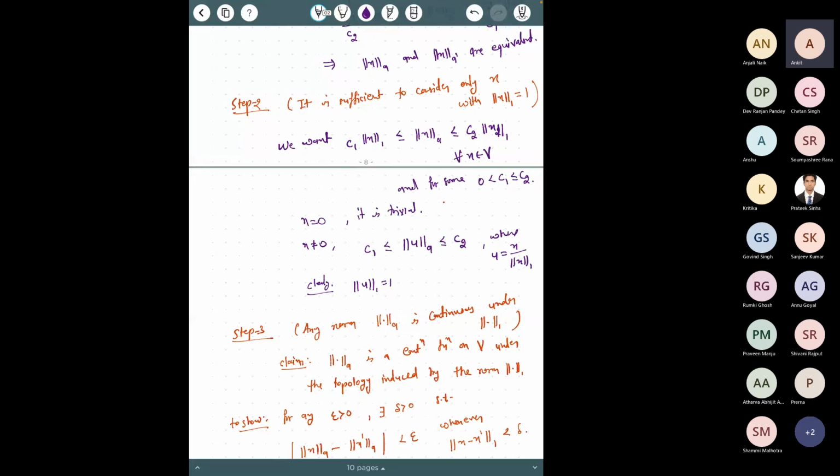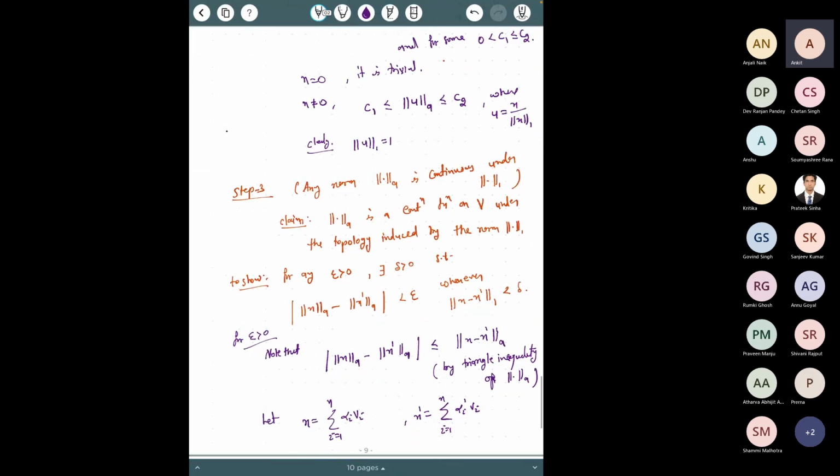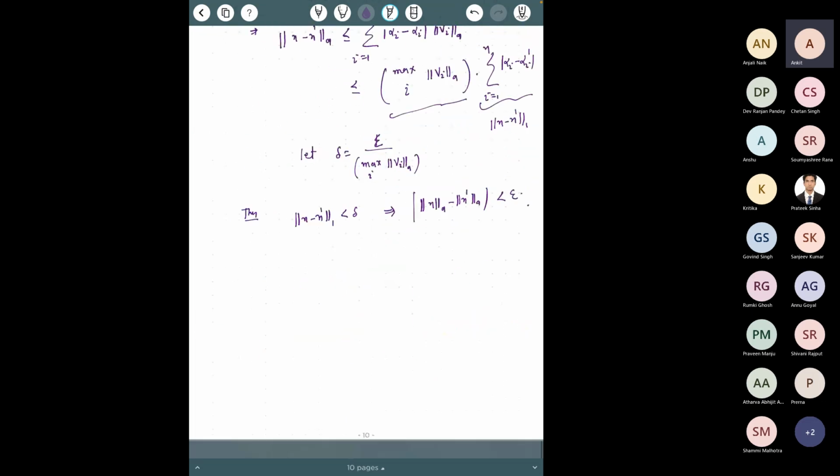It's a unit sphere, so it is a compact set. We have a continuous function here, the a-norm, and this unit sphere is a compact set, so it will attain its maximum and minimum. I can take the minimum as C1 and the maximum as C2, and then I'm done.